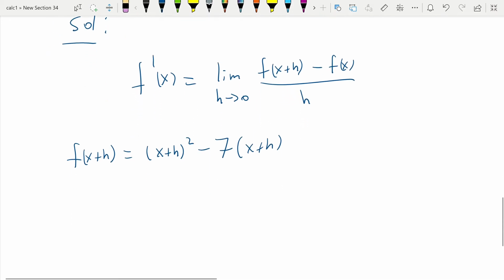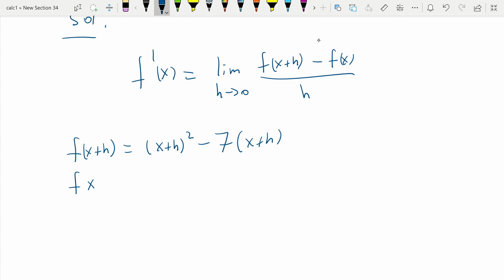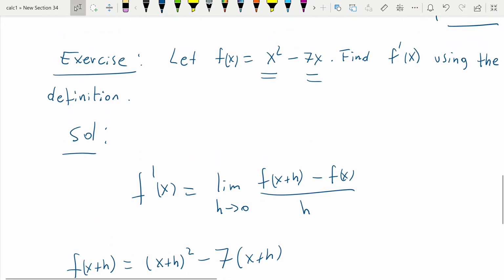In the same way, when we're evaluating at x, we just get that quantity squared, which is x squared, minus 7 times x. That's just the definition of the function. So that's what we do to every single number.